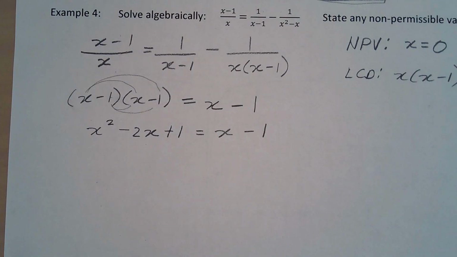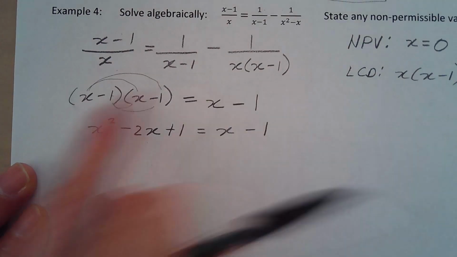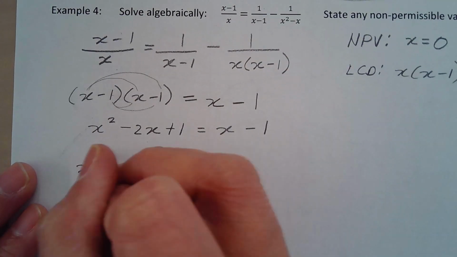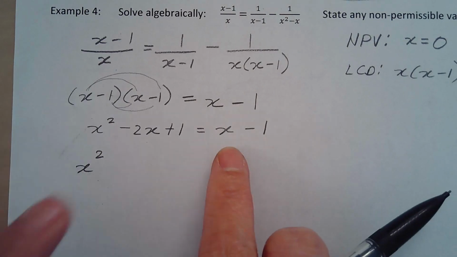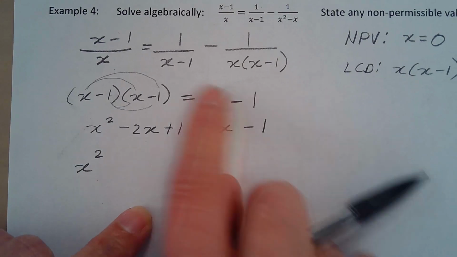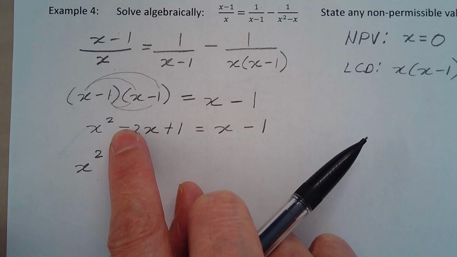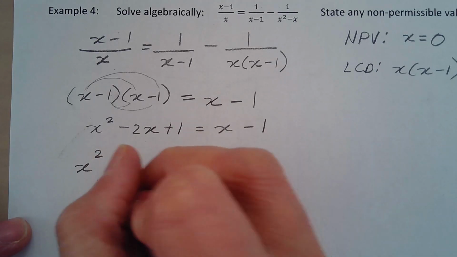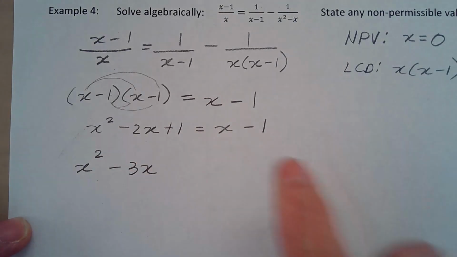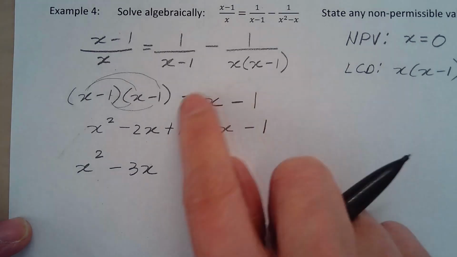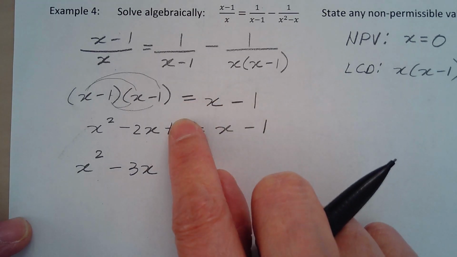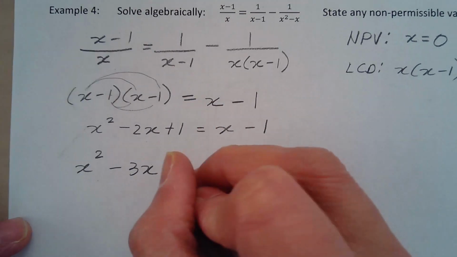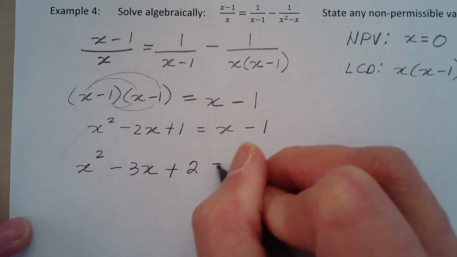So bring everything to one side of the equation. So x squared, and if I take this x and bring it to the other side, I get negative 3x. And if I take this negative 1 and bring it to the other side, I have a positive 1, and adding it to the 1, I get a positive 2. That's equal to 0.